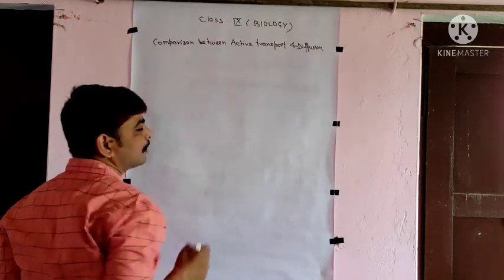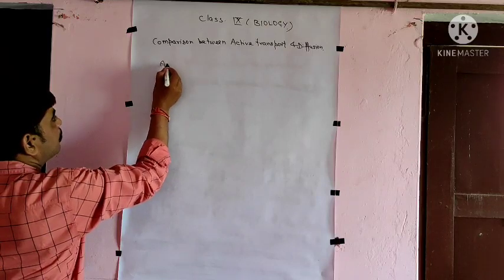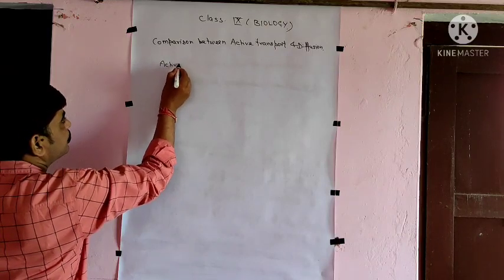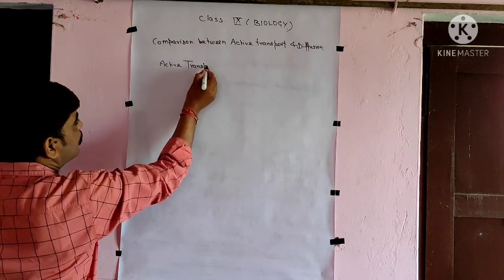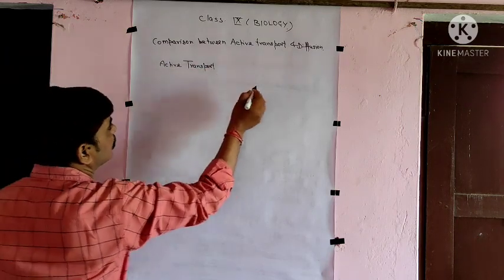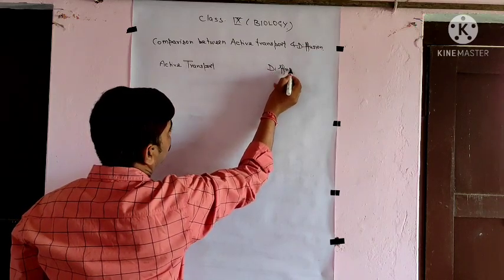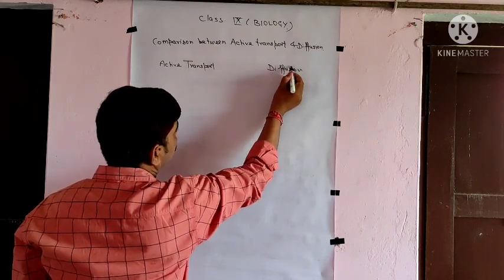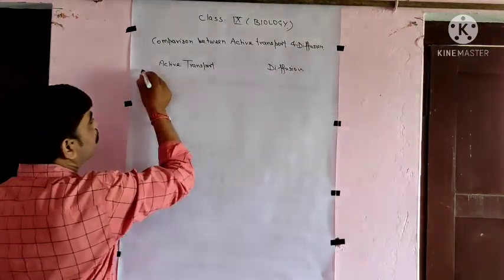Let's compare. This will be the active transport on one side, and take the column for diffusion, passive transport, on another side.